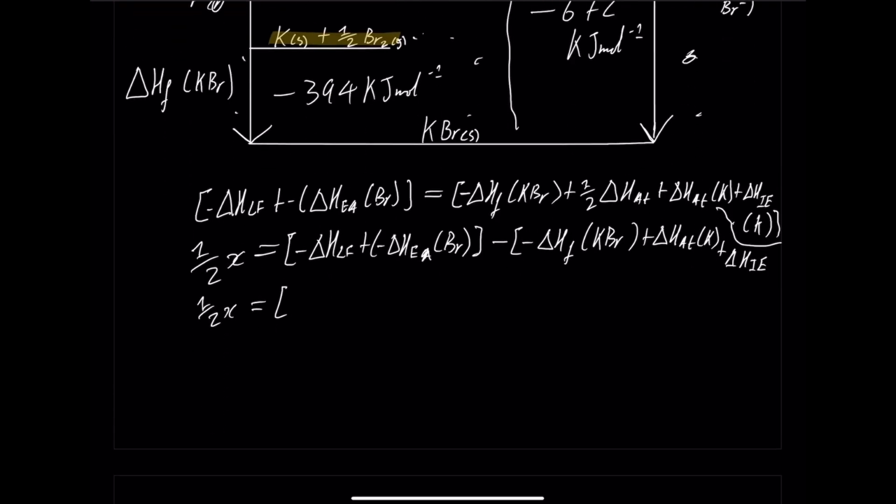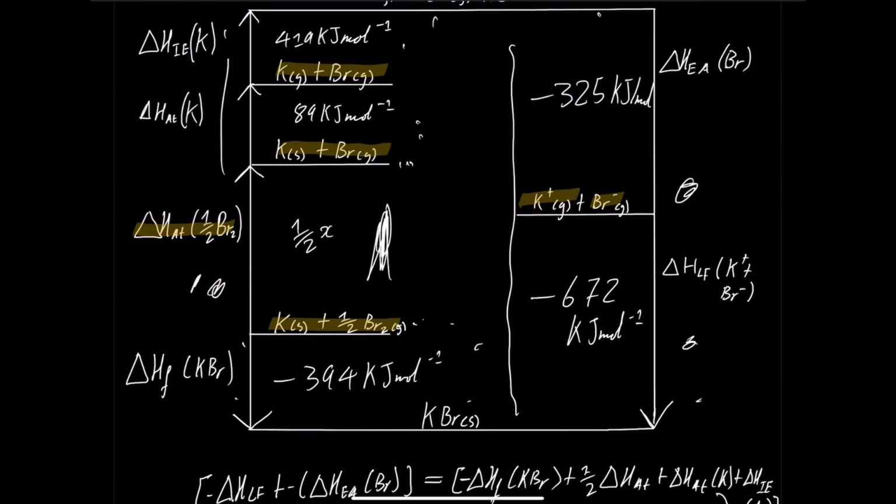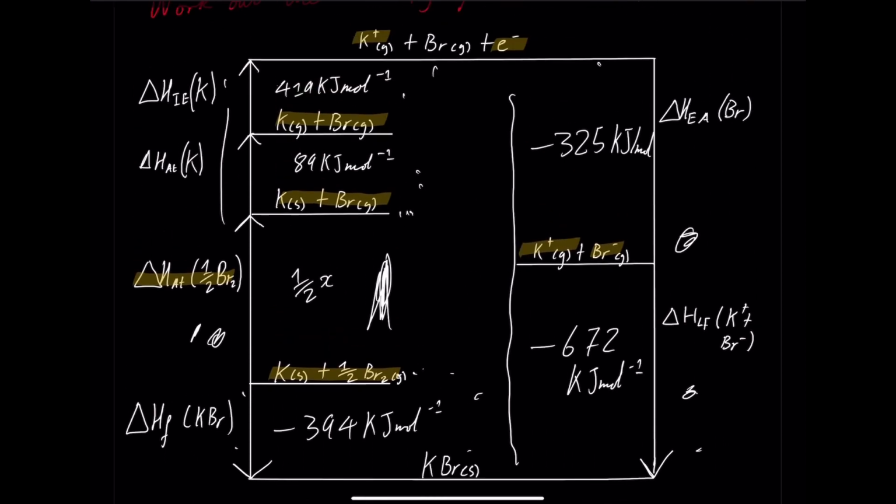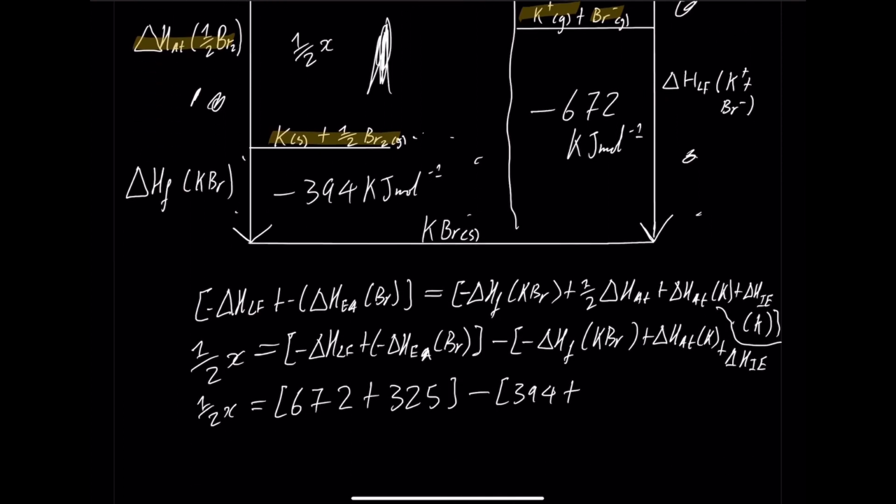But all I'm doing here is 672 plus 325 minus 394 plus 89 and 419, right?